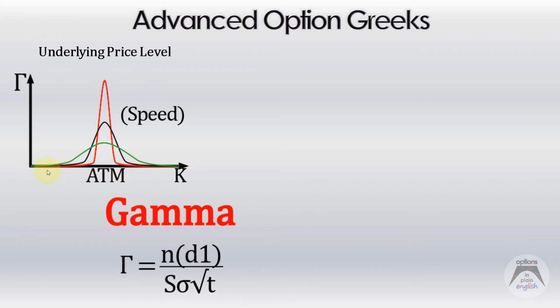Okay, something that's important to notice here is that the total area underneath gamma is the same, whether we have very high values of the stock price, or medium values of the stock price, or very low values of the stock price.